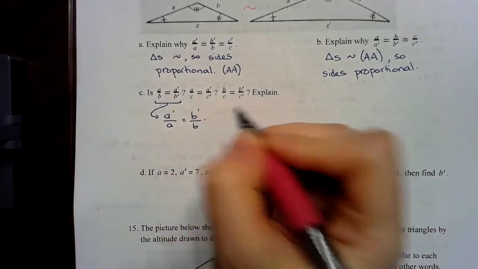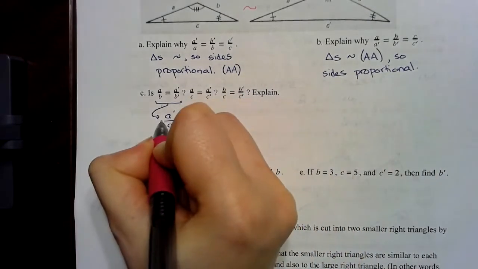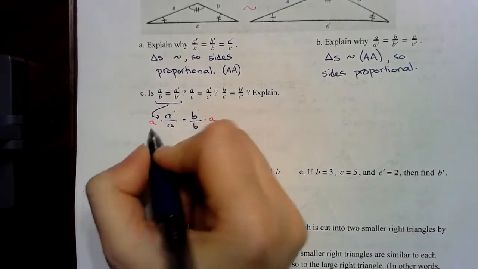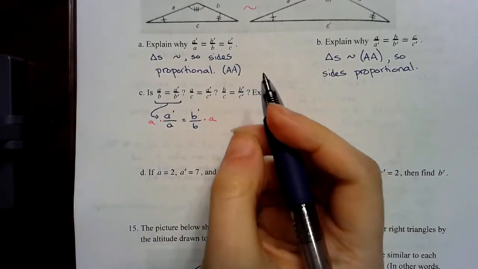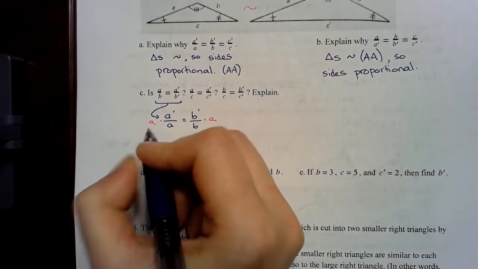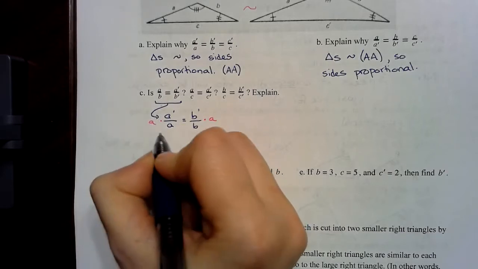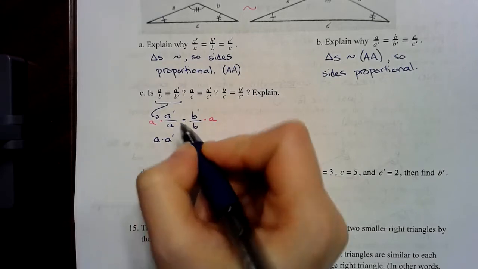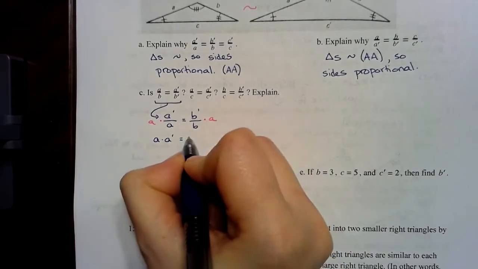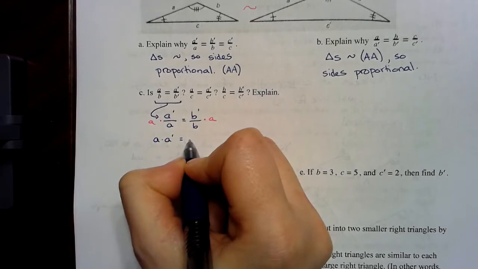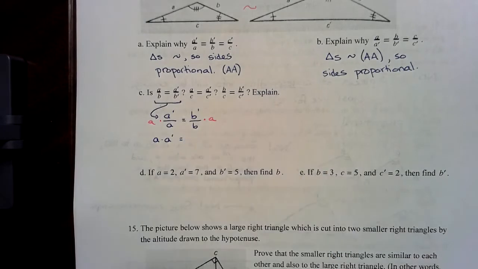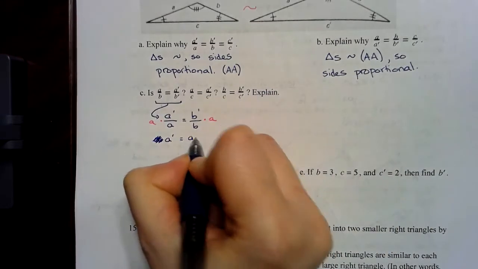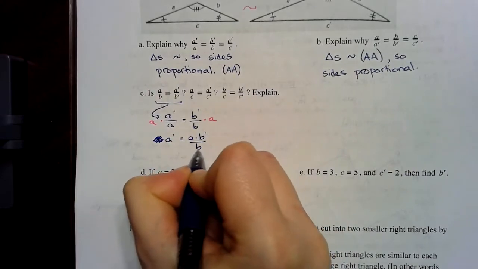So I'm going to multiply by A, and the A's cancel. I'll learn that A prime is A times B prime over B.